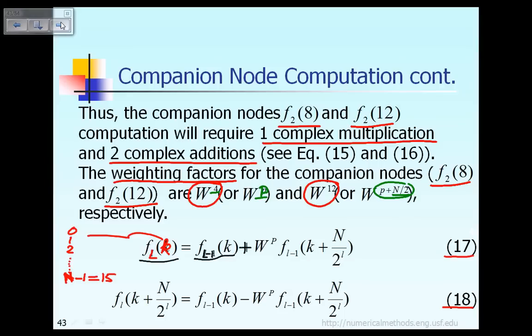The previous vector means at level L minus 1, plus some weighting factor equal to W raised to the power P. I will tell you how to figure out P later on.